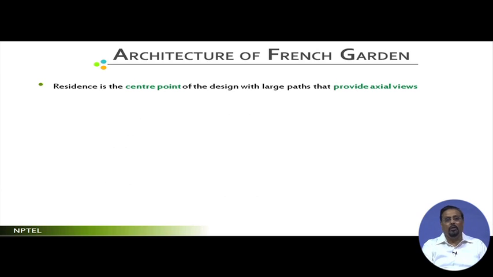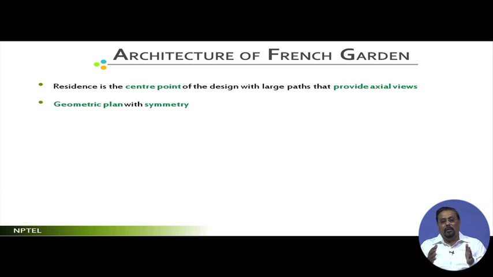Now, what is the architectural kind? It is very, very symmetric, very balanced, and most often there would be a structure like a residence or castle or any other such thing used by the rulers. They could be at the central part of the garden or at the end. And there are lots of large paths.